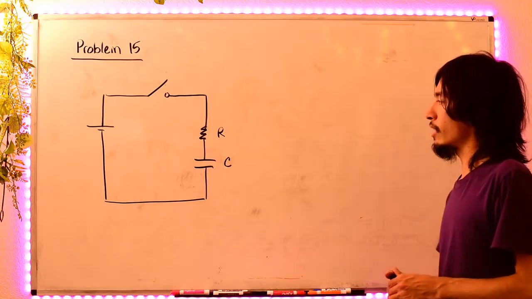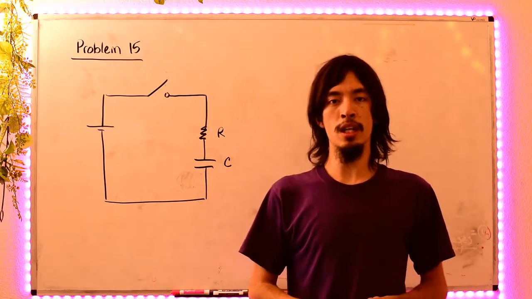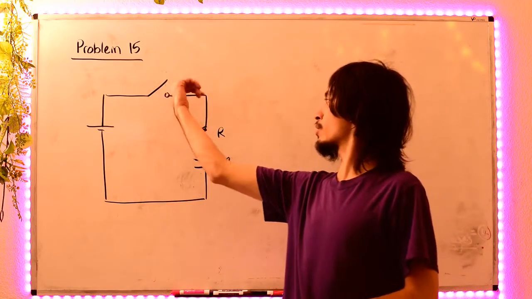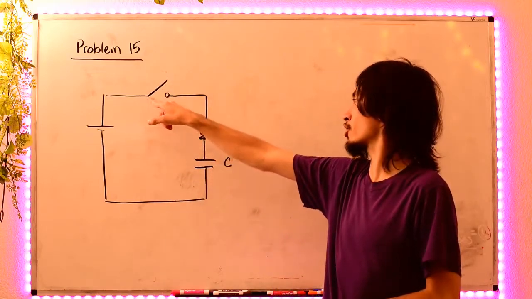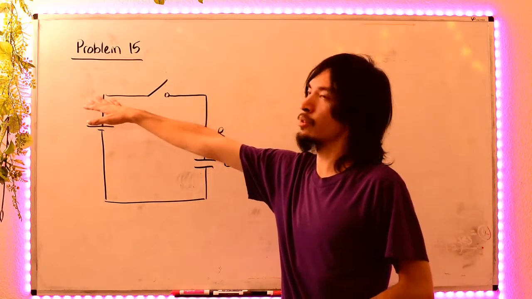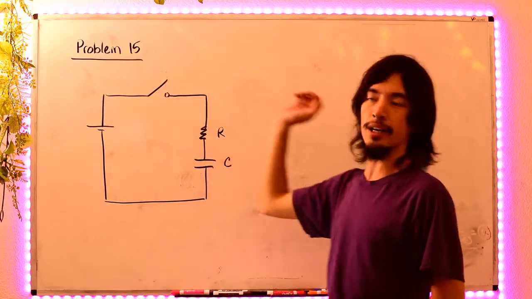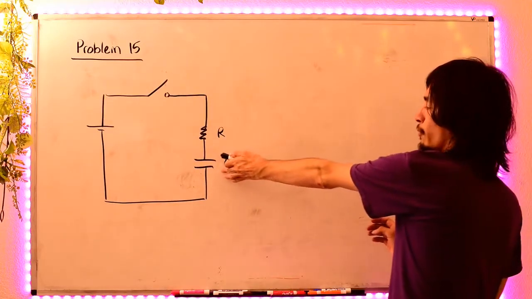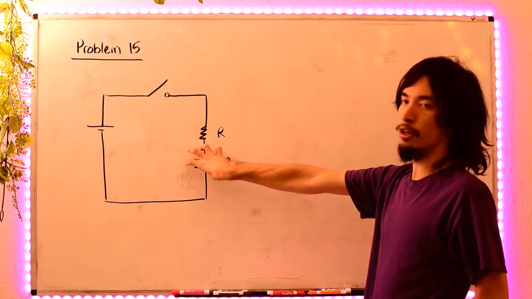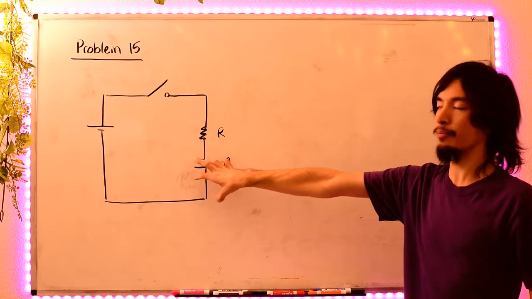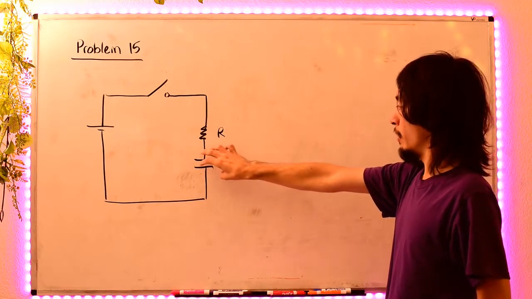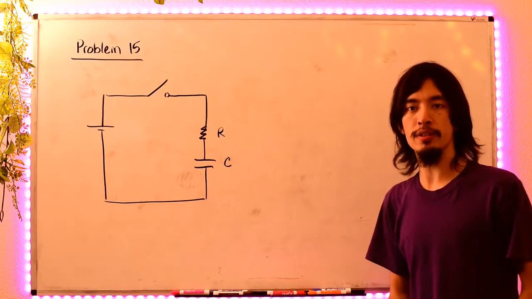So we know that conceptually when we close the switch, all it does is make a connection across and it allows charge to flow. At the first moment in time, there is no charge on the capacitor. It has to become charged over a period of time.